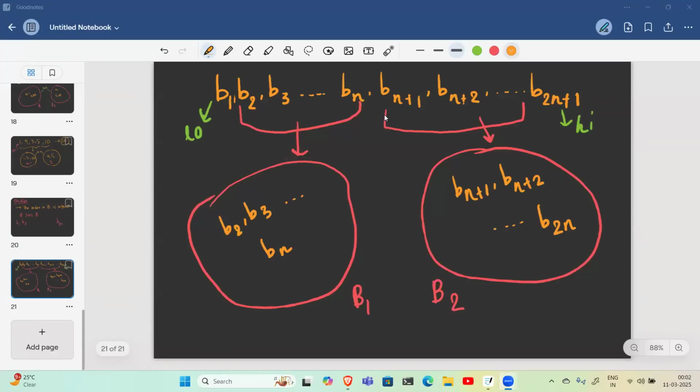Yeah, Ritvik, up to what I have done till now, they are distinct, right? Because the integers in the array b are distinct. It is already given to us. So that is clear, right? Can anyone tell me what is the size of bags b1 and b2 up to this moment?